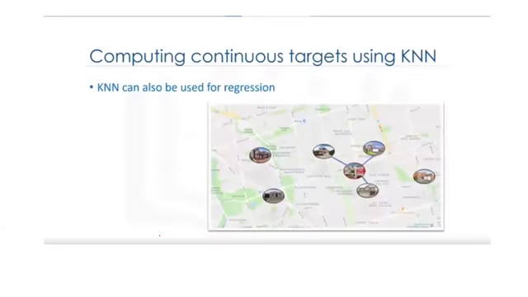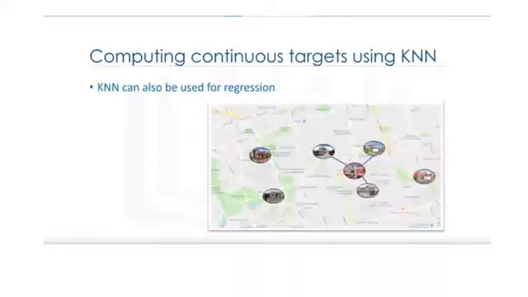Now, when it comes to regression, KNN can also be used for regression. Let's suppose I want to find out house prices. This is the data for housing prices. Let's suppose I have a house here, and I need to find out at which price I should sell this particular house. So what I will do is find some nearest houses which are very similar to my house, based on the size, the amenities and all those things.